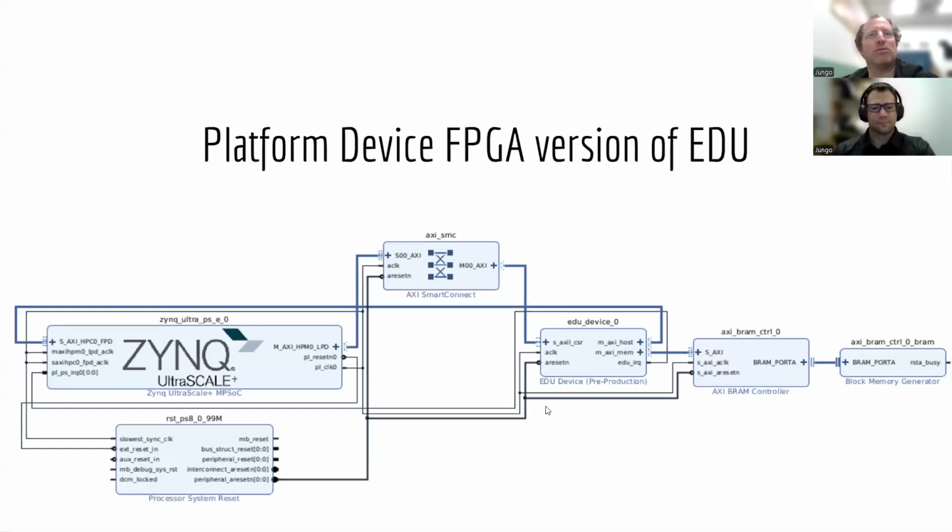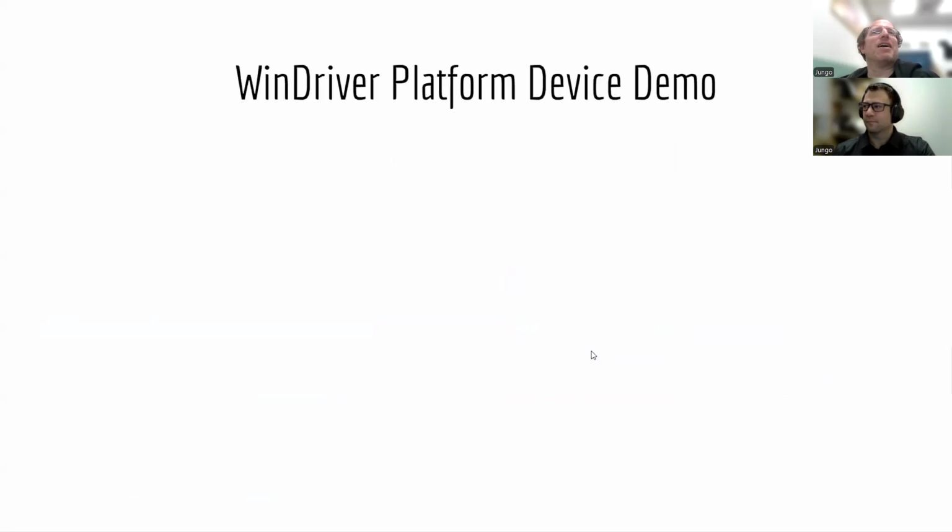I'm not going to get too deep into this, but this is the exact same logic that our in-house FPGA engineer wrote in accordance with what the virtual device from QEMU did. So we actually have a physical version of that virtual device. So let's see a demo.